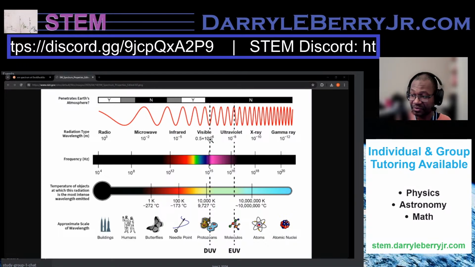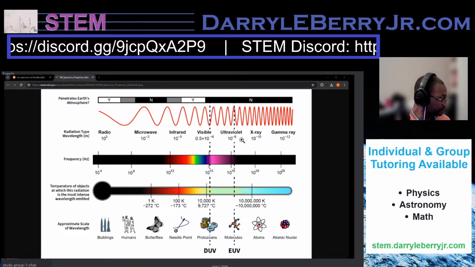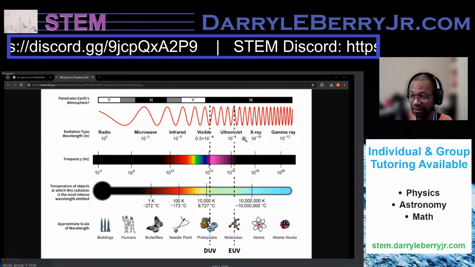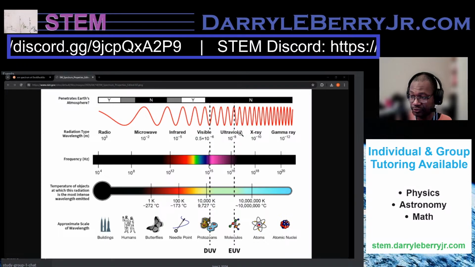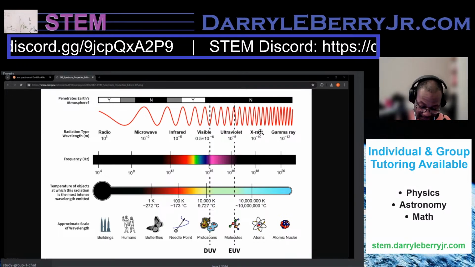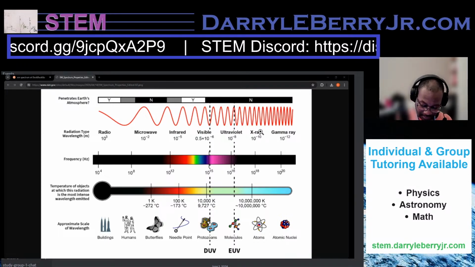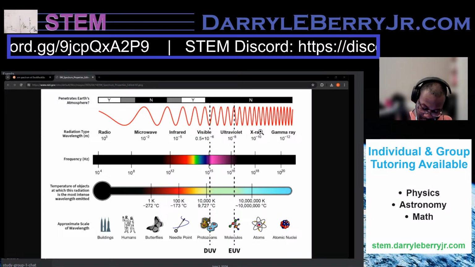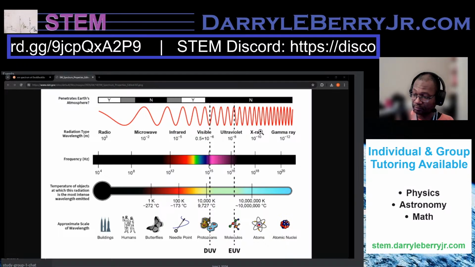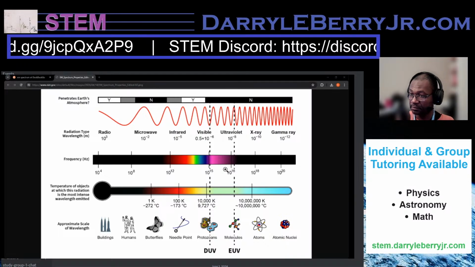That's 250 times 10 to the negative 9 meters. And here is 10 to the negative 9 right here. So we can see it's in the ultraviolet range, which is why we can't see it. So when it's mercury, all right?